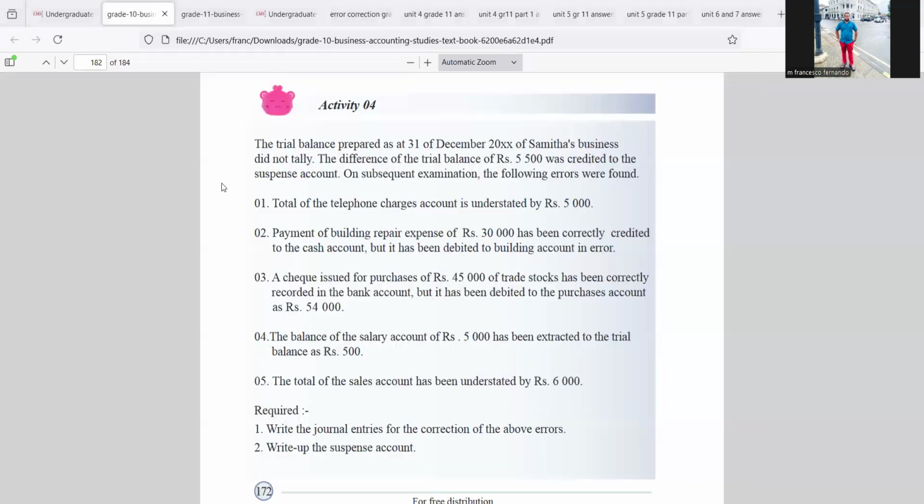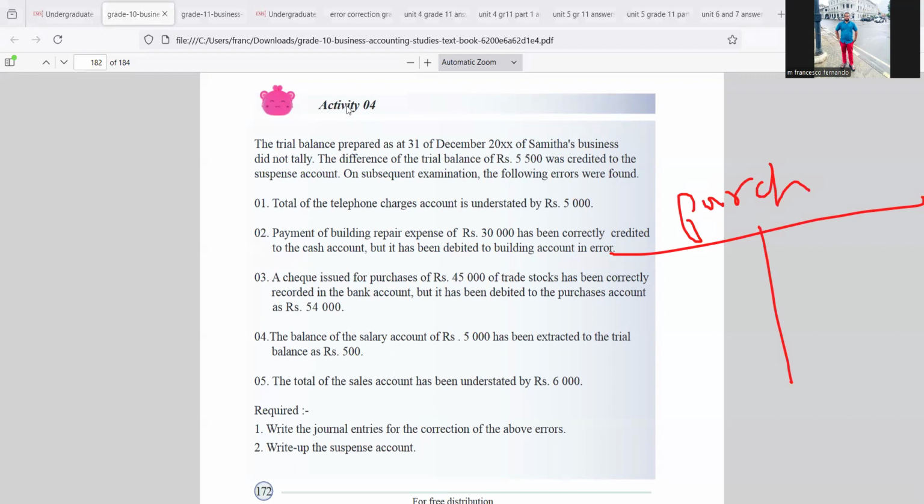Then the next one, a cheque issued for purchases 45,000 recorded in the bank account correctly but debited to the purchase account as 54,000. Now to your mind it should come that the purchase account balance should be debited. Why? Normally purchase is an expense, and expense accounts are debit. Here they have recorded 54,000, but the correct value should be 45,000.